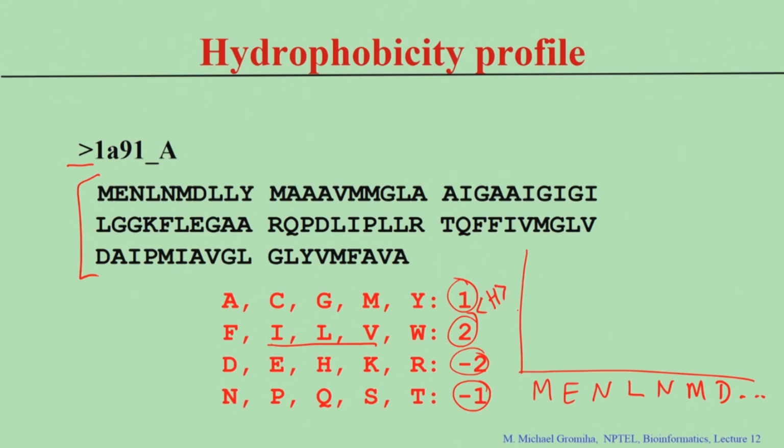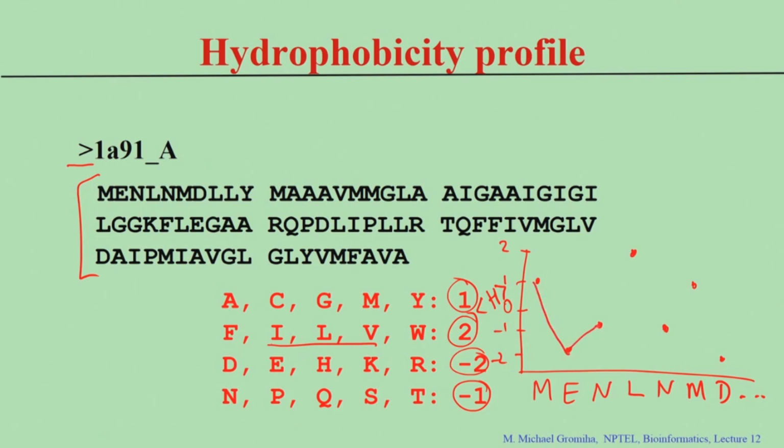So, here you put 0, then 1, 2, minus 1, minus 2. So, M equals 1, and you plot it here. Then the second one is E. What is the value of E? Minus 2 here, and N minus 1, L plus 2, this N minus 1, M plus 1, D minus 2, and so on.